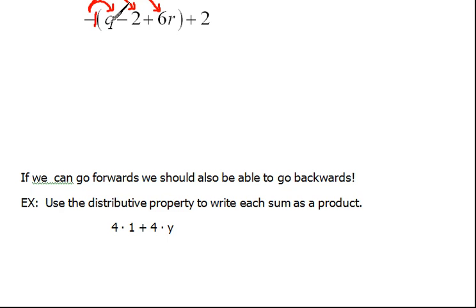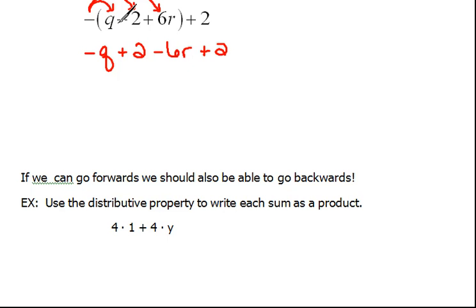So negative 1 times a positive q is negative q. Negative 1 times a negative 2 would be positive 2. Negative 1 times a positive 6r would be negative 6r. Now we've taken care of all the parentheses, but we still have this plus 2 on the outside.